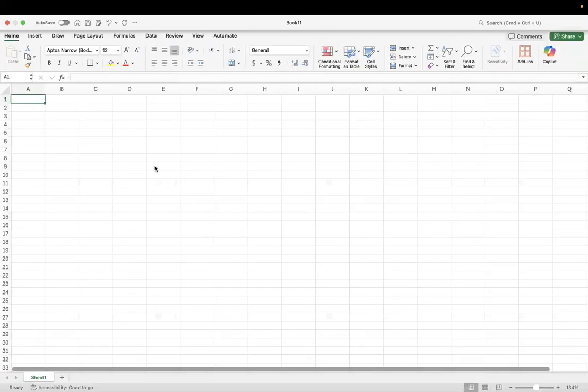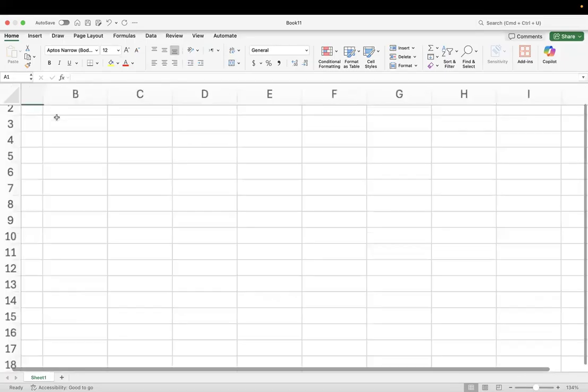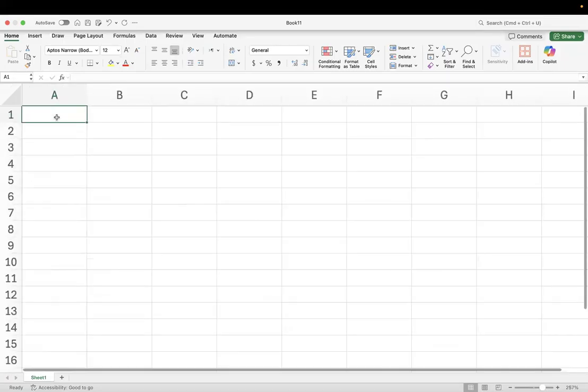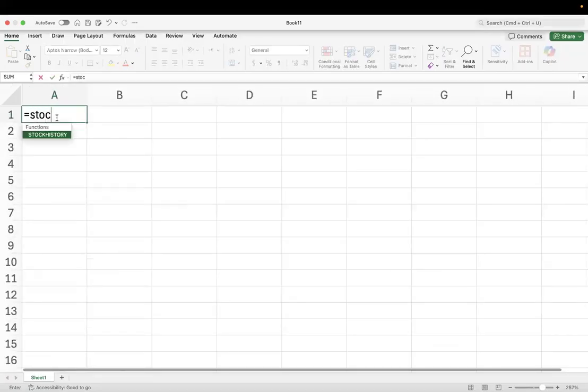So let's get started. The very first thing that we want to do is to calculate the standard deviation. One thing that we can do is to first download the data. The way I can download the data is this. I can go to stock history, and in stock history for the stock, I can say IWM.